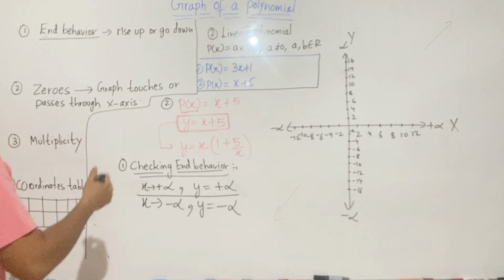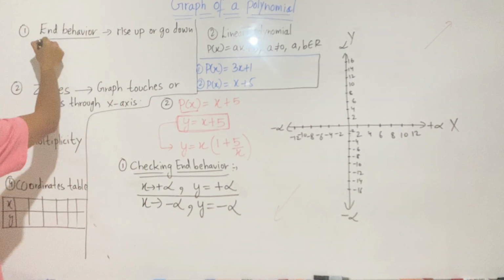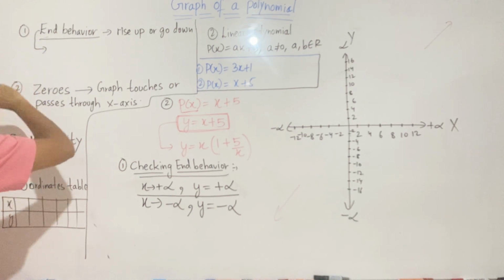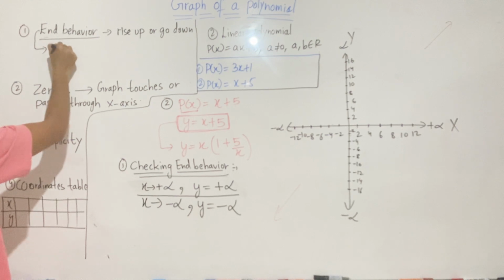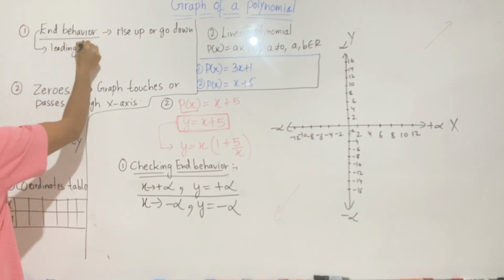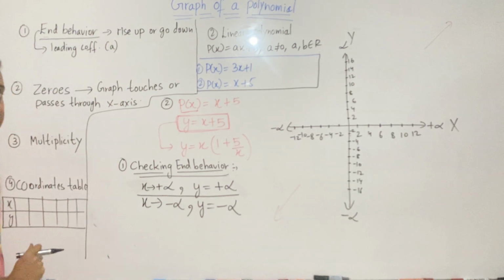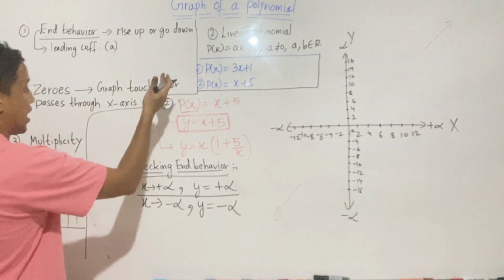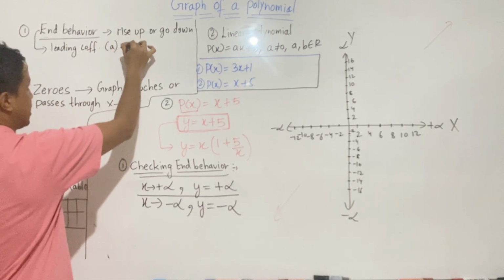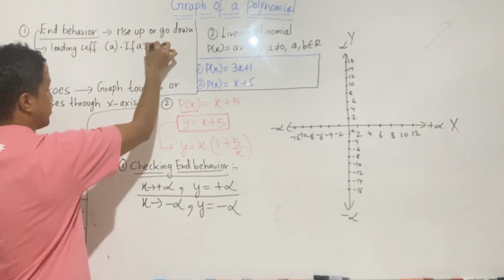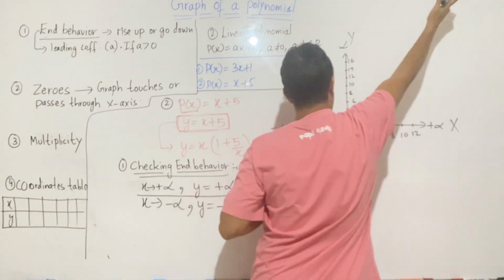But here they say that end behavior is checked by the leading coefficient a. It says that if a is greater than 0, then the end behavior means rise up.